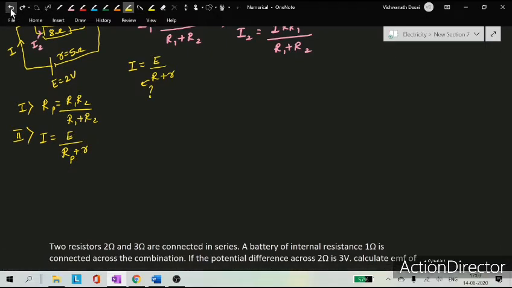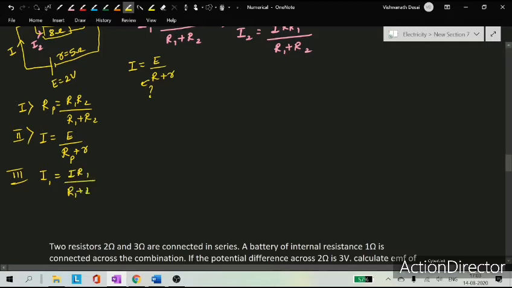So after getting I, use those two formulas I have given here. The third step is the branch current formula: I1 is equal to the main current into the resistance of the other branch divided by the sum of the resistances. And the fourth step is I2 is equal to the main current minus the current in the other branch, and you will get the I2 value. These are the steps we need to use.